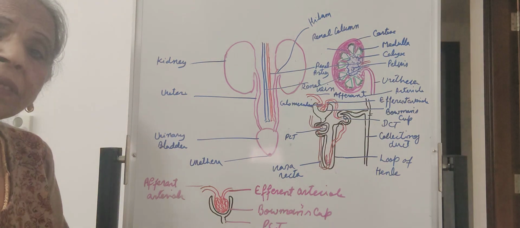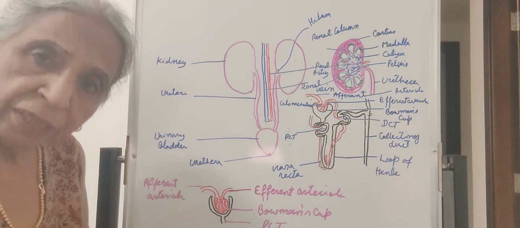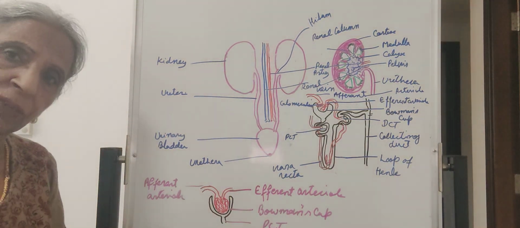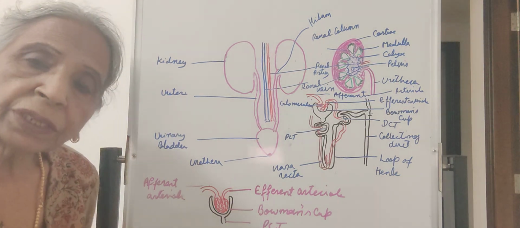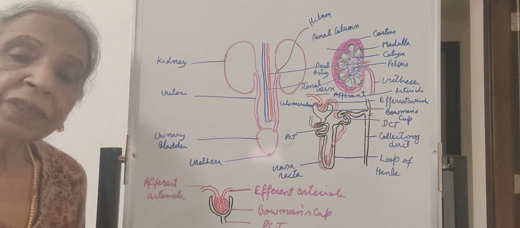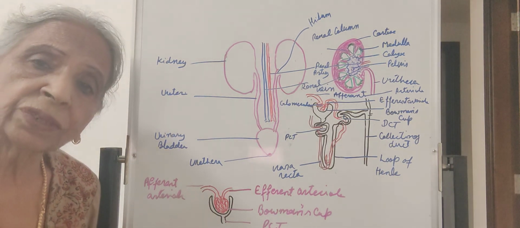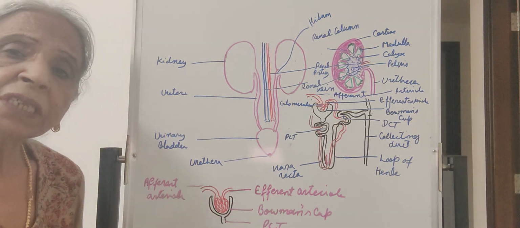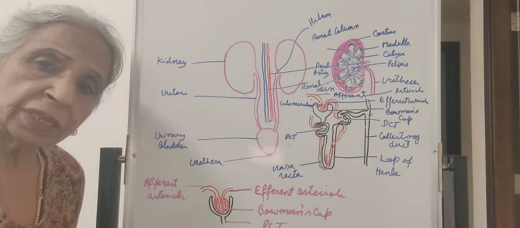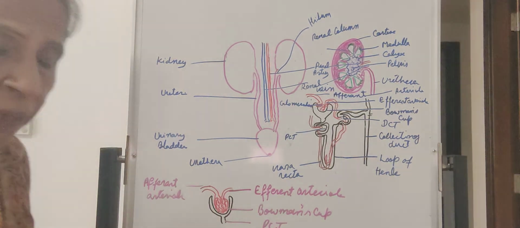They maintain the ionic and fluid balance of the body, that is, the osmotic balance of the body. In annelida, in earthworm and other annelids, nephridia are the organs of excretion. They excrete nitrogenous waste as well as maintain the osmotic balance of the body.